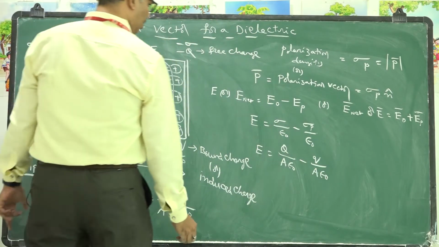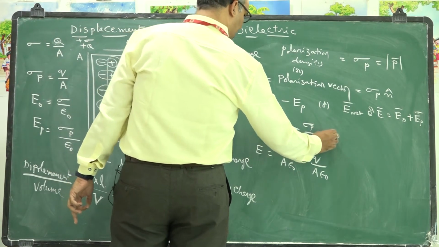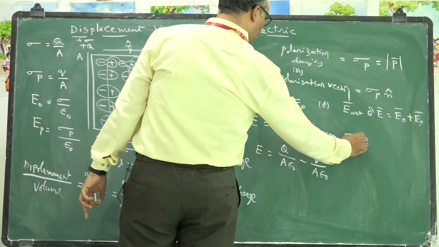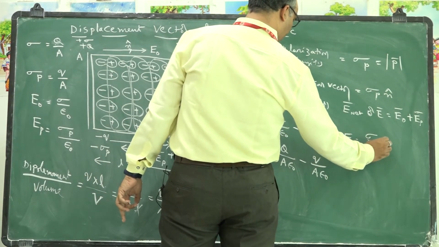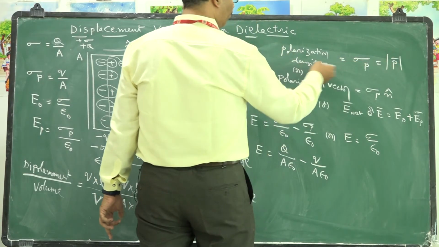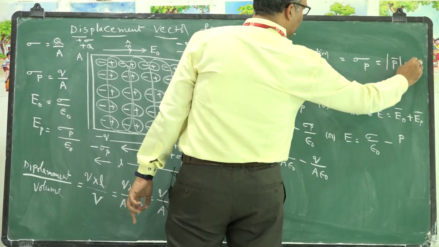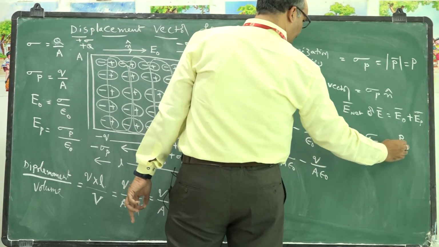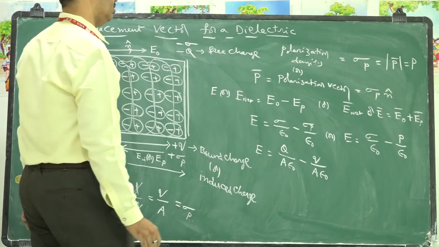Or you can write E is equal to sigma by epsilon naught minus sigma P by epsilon naught. What is sigma P? Sigma P is nothing but the modulus of P bar. You can write it as P. So P by epsilon naught.